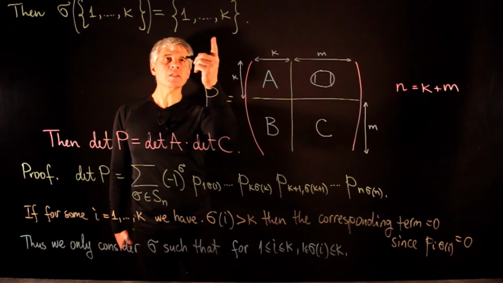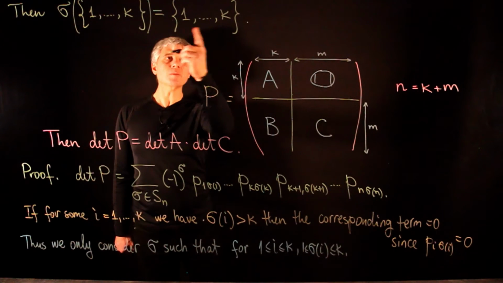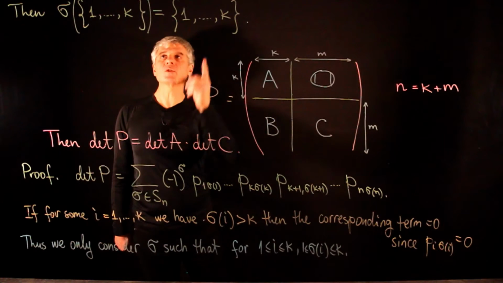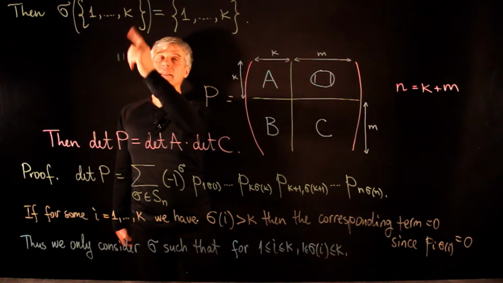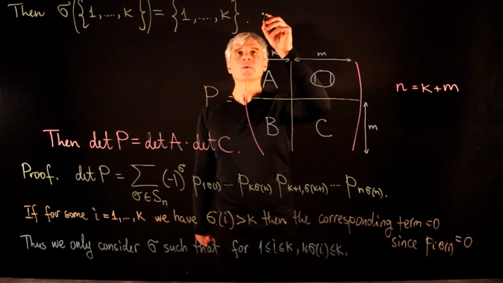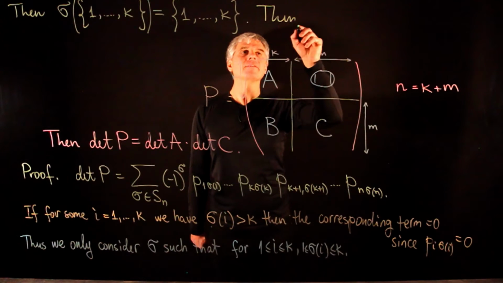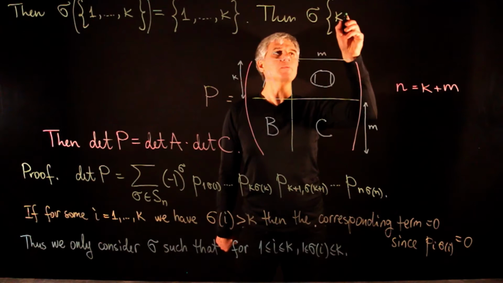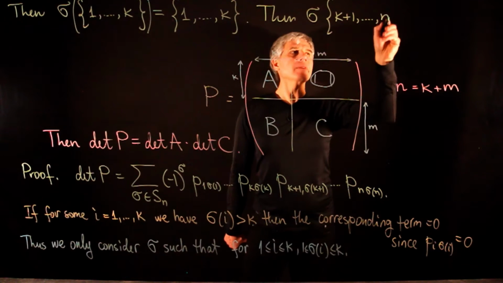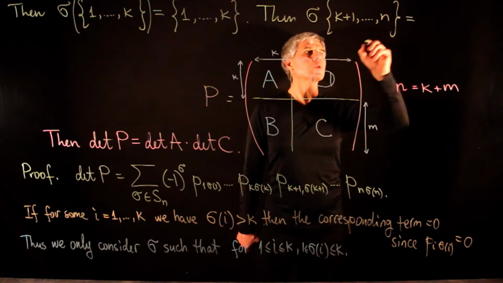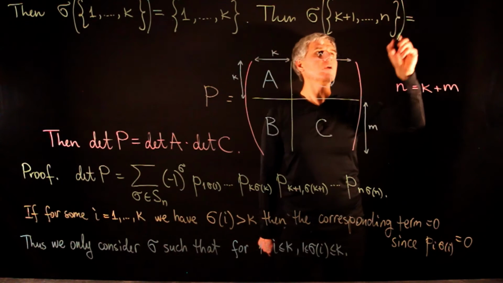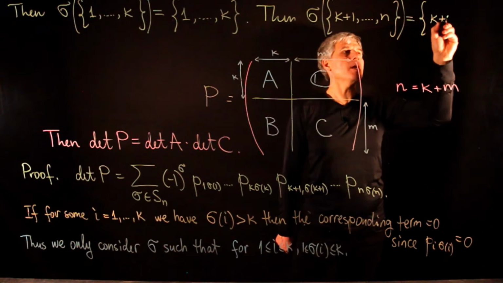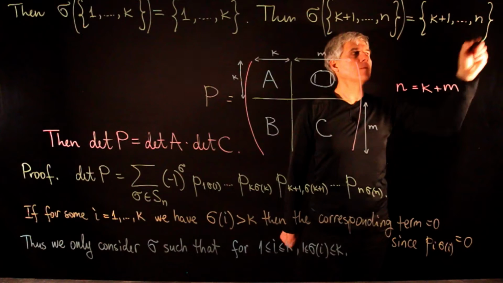Since sigma is injective, these values cannot be assumed on indices that are greater than k. So then sigma applied to the set k plus 1 to n will produce values from the same set k plus 1 to n.